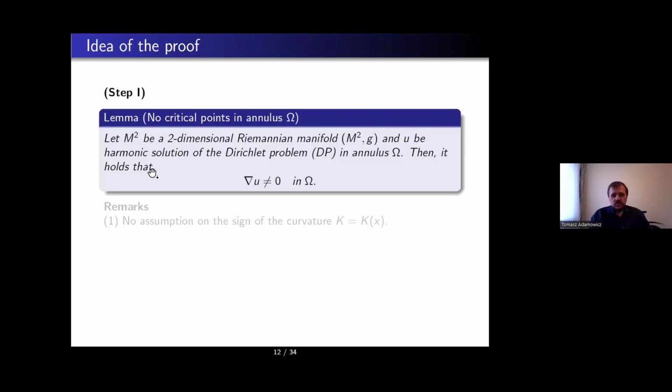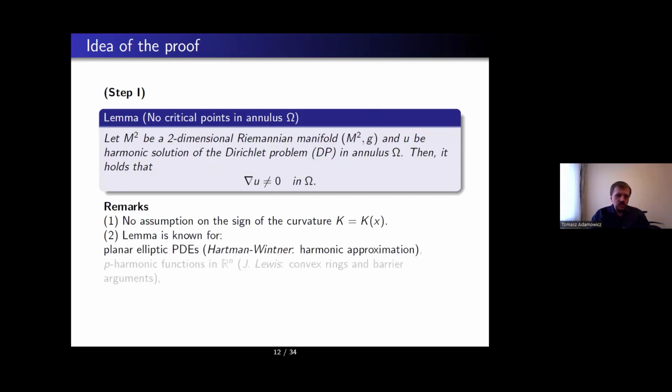So if M2 is a manifold and u is a harmonic function which solves the Dirichlet problem in the annulus, then the gradient is non-zero in the annulus. However, observe that there is no assumption about the curvature in this lemma, as the proof does not depend on the curvature, but actually on the fact that we are in a two-dimensional setting, which I will address in a moment.